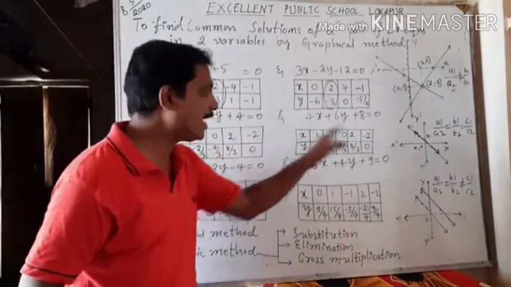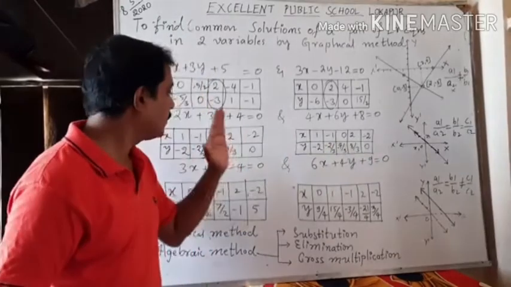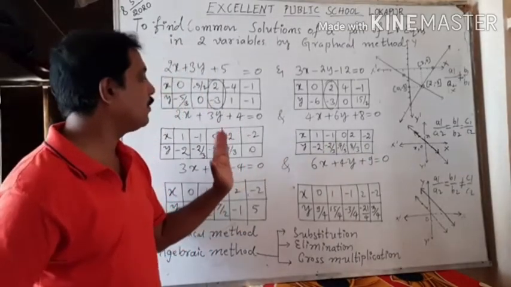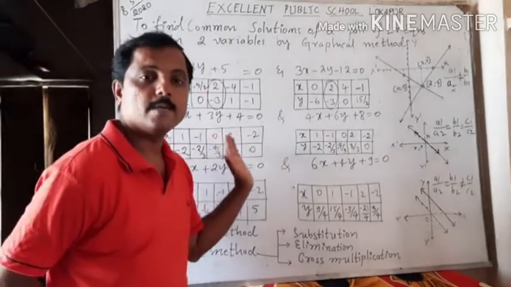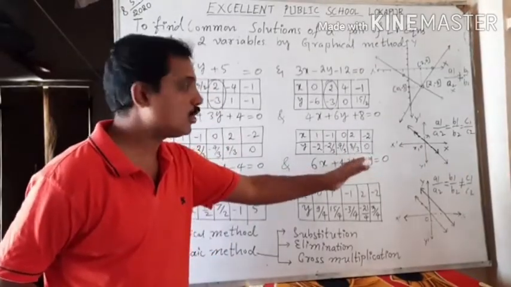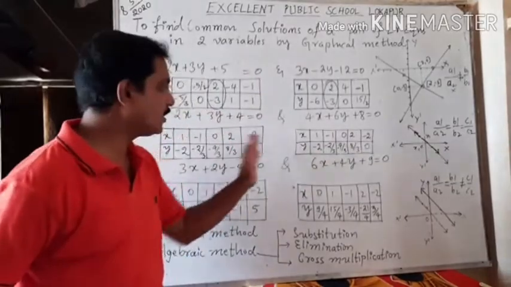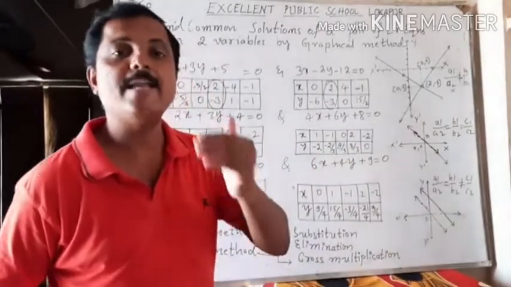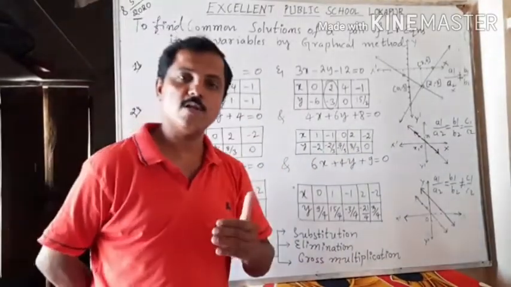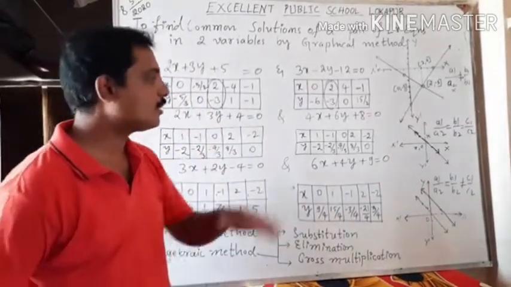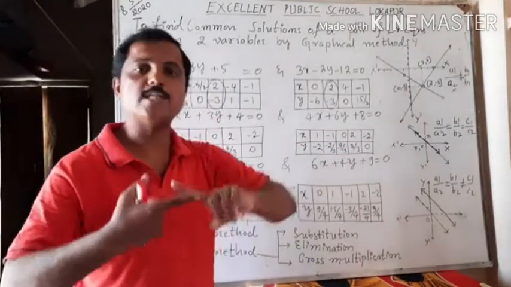If the given equations have infinitely many common solutions, the graphs will coincide. If the graphs coincide, the equations will have infinitely many common solutions. Therefore, this is one more condition for the graphs to be coinciding.